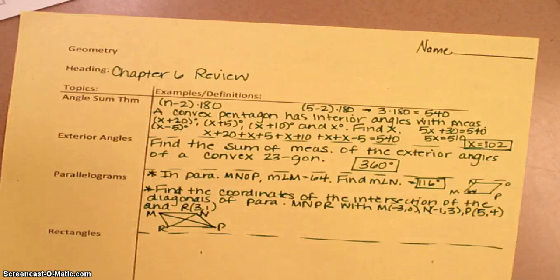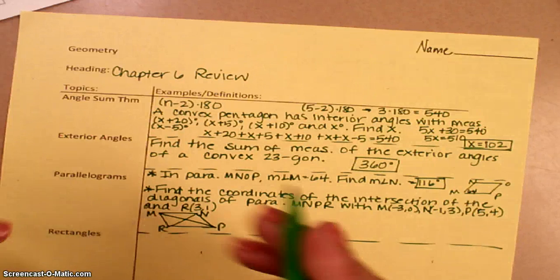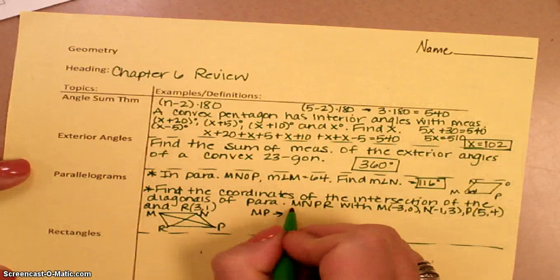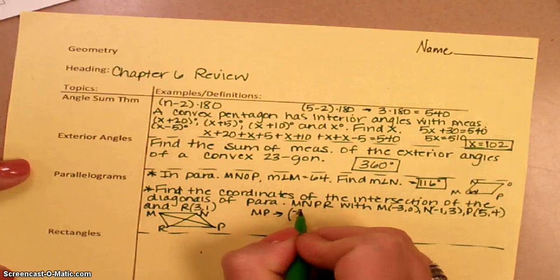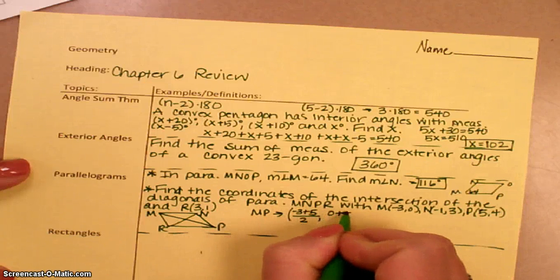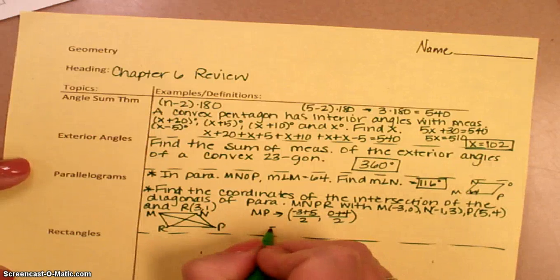Okay, so in a parallelogram, we know that diagonals are going to bisect each other, right? So shouldn't they cross at the midpoint? So that means we should be able to use the midpoint formula to figure this out. And technically, it shouldn't matter which set of diagonals you use. For example, if I do the midpoint between M and P, it's going to be negative 3 plus 5 divided by 2, 0 plus 4 divided by 2.